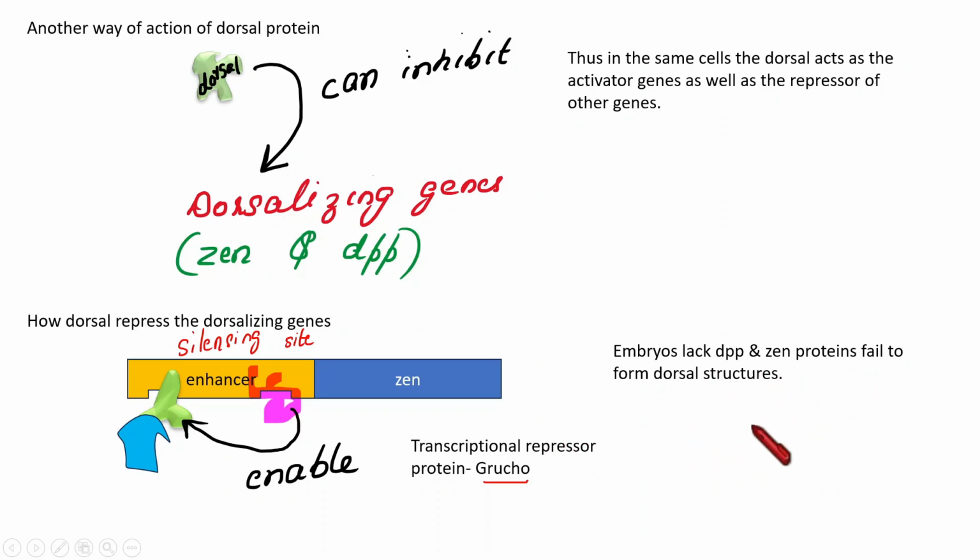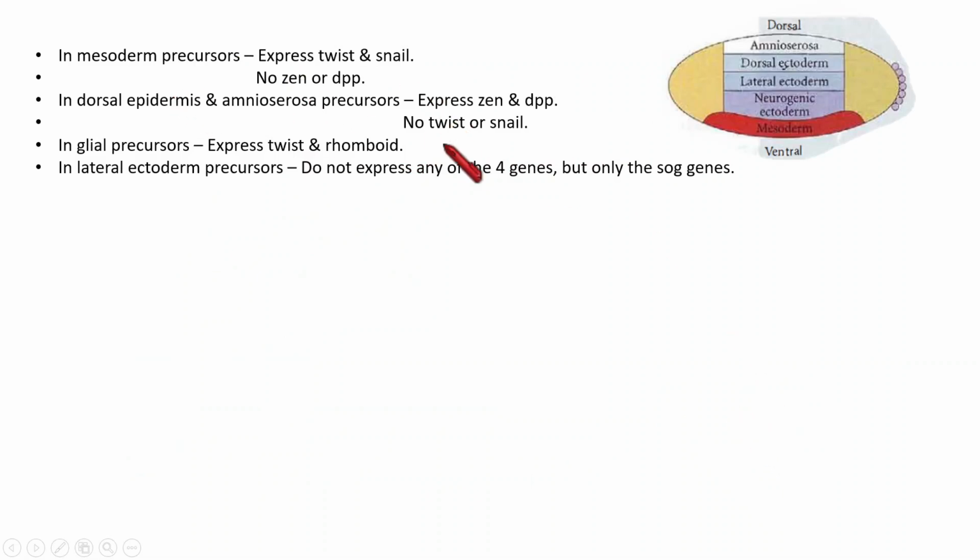Okay, then I'm going to sum up all the points. In mesoderm precursor cells, which all the genes will express? Now it's very clear to you. Without me brushing up, you can recall it. Which all genes? Twist and snail. The twist and snail genes will express in the mesoderm precursor cell. There is no Zen or DPP. Why?